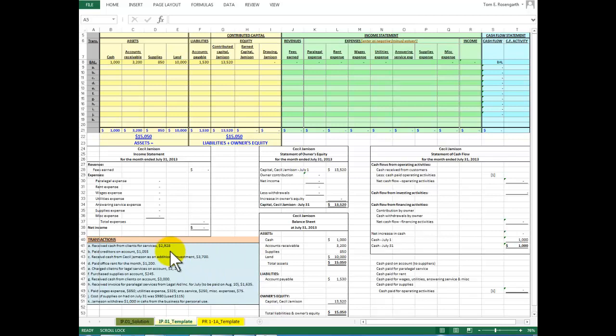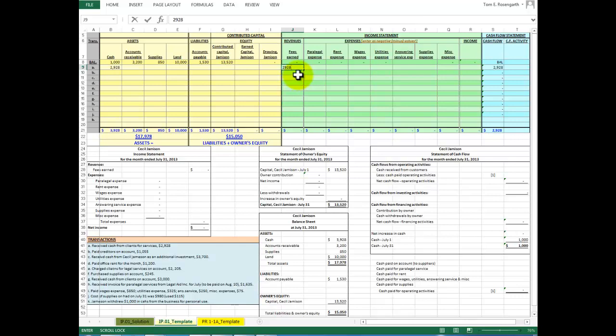Transaction A is that Cecil received cash from clients in the amount of $2,928. So we will enter an increase in cash, $2,928, and because Cecil Jameson earned the right to bill his clients, he has earned fees. So we will also increase fees $2,928.